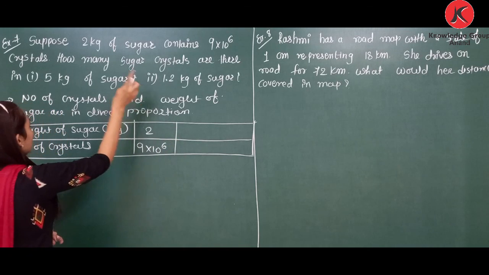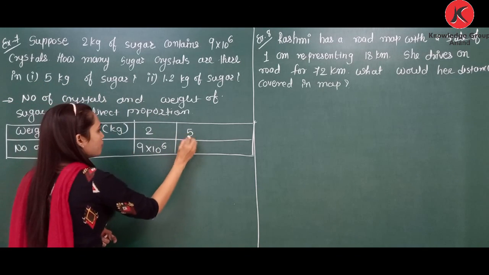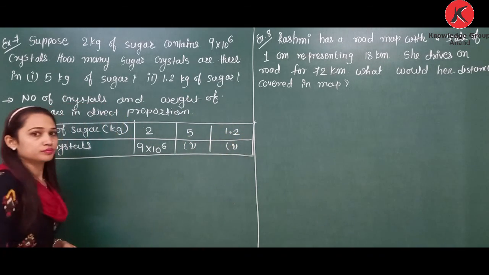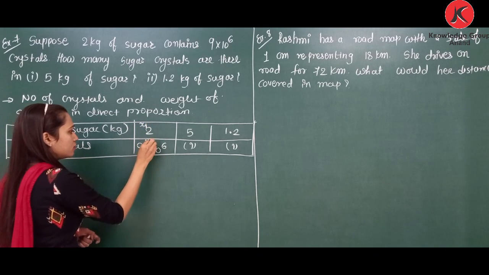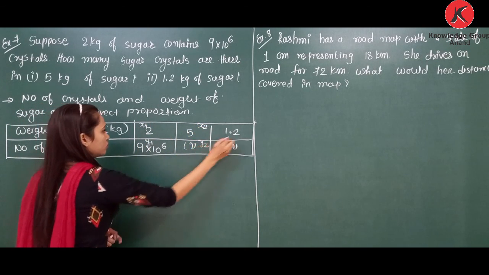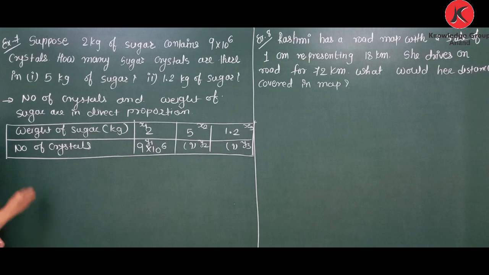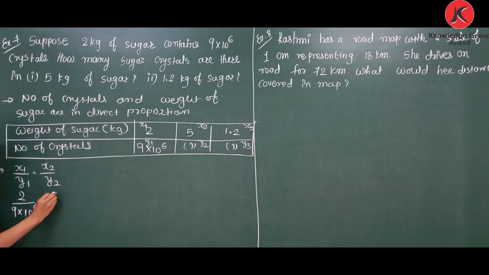We need to find, when it is 5 kg, what is the number of crystals, and when it is 1.2 kg, what is the number of crystals. So this value will be x1 y1, this will be x2 y2, this will be x3 y3. So to find y2, we first consider x1 divided by y1 is equal to x2 divided by y2. x1 is 2, 9 multiplied by 10 raised to 6 is our y1. x2 is 5, we need to find y2. Cross multiply: y2 multiplied with 2, and 9 multiplied with 5.